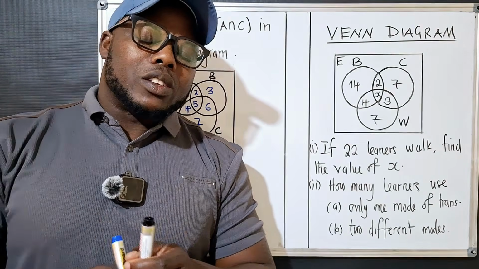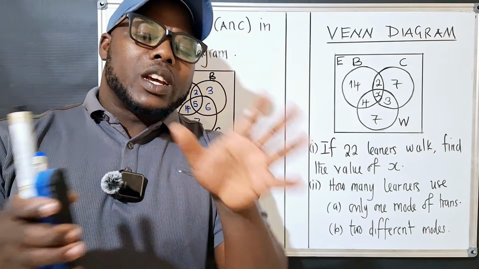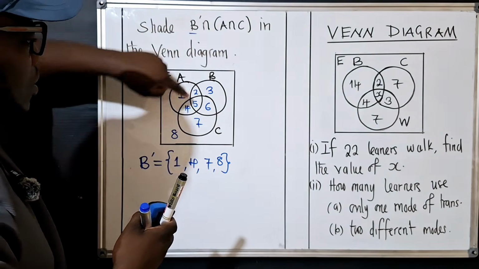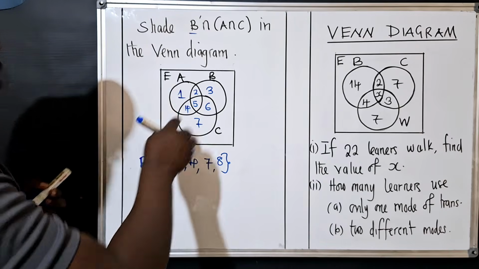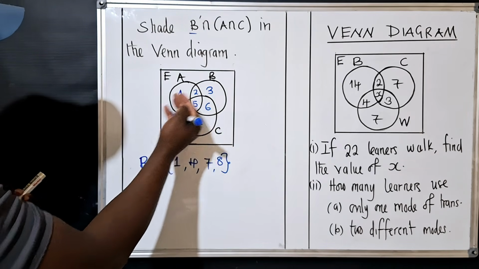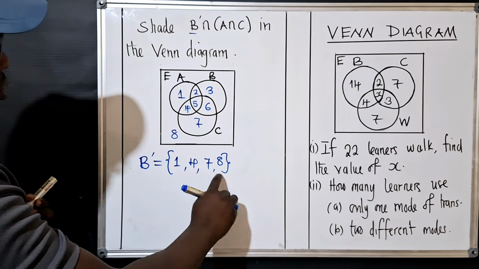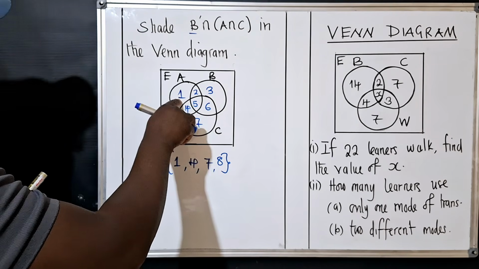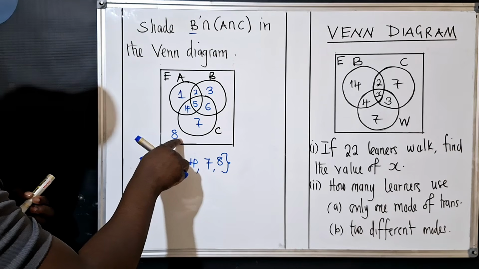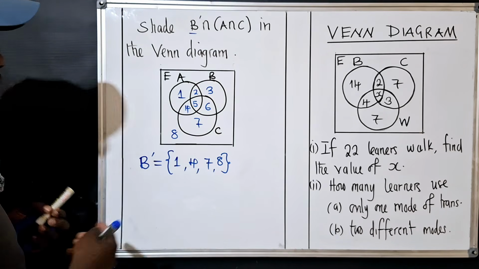B complement simply means don't get what is found in set B. If you're able to see nicely, this is set B. So all the elements in set B, don't get them, but get what is outside set B. And this is how it will look. There is a 1, a 4, 7, and 8. They are all not found in set B.